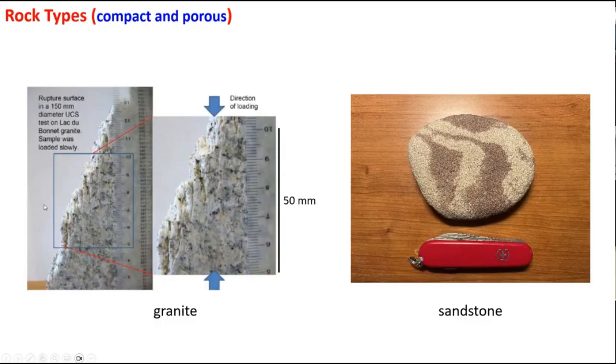But if you actually zoom in and go to the grain scale, that so-called macro shear fracture is actually a whole bunch of tiny tensile cracks that are aligned parallel to the direction of loading. And you can see them here. See this one? See this one?